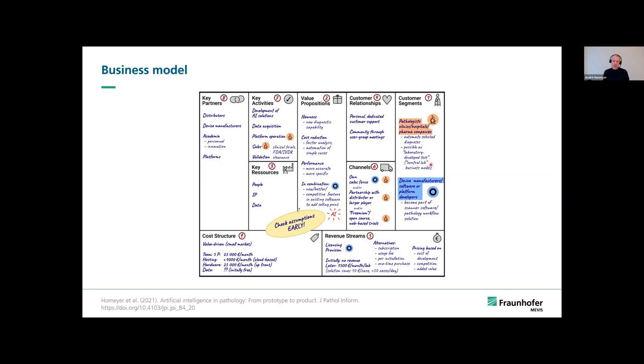A detailed discussion of these aspects is out of the scope of this presentation, but I would like to refer to this publication cited below, because in this publication we treat these aspects in more detail. And what's very important is to check the assumptions made in a business model canvas very early and continuously during the development of AI solutions.